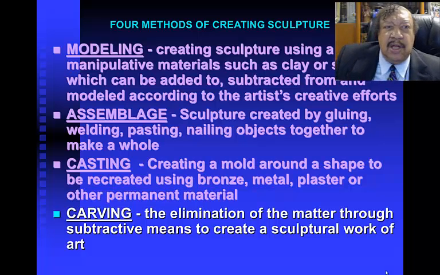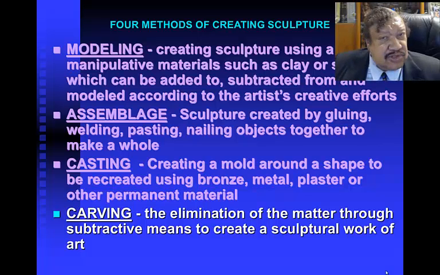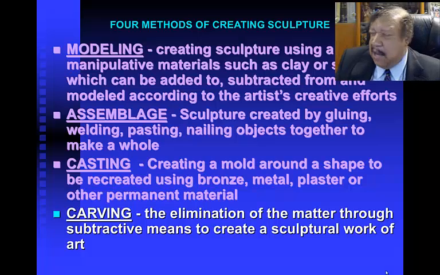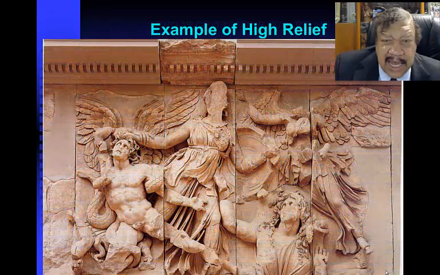You assemble, you model, you put and add to it. But the last one, carving, is what we call a subtractive process. And that's when we cut away. And once it's gone, it's gone. It's the most difficult. And we remember Michelangelo used carving. So let's just look at this a bit and see.